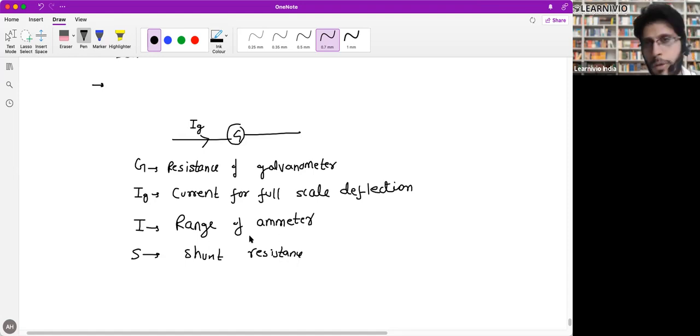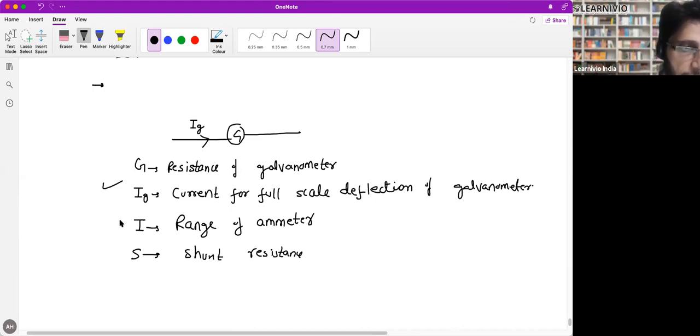The maximum current that can be measured through a galvanometer is Ig. What is I? It's the maximum current that you want to measure from your ammeter.